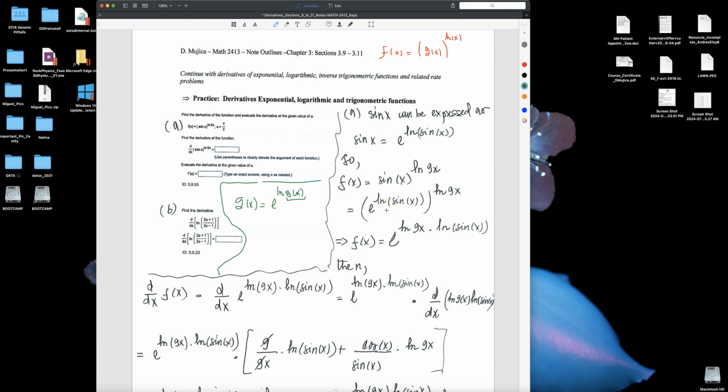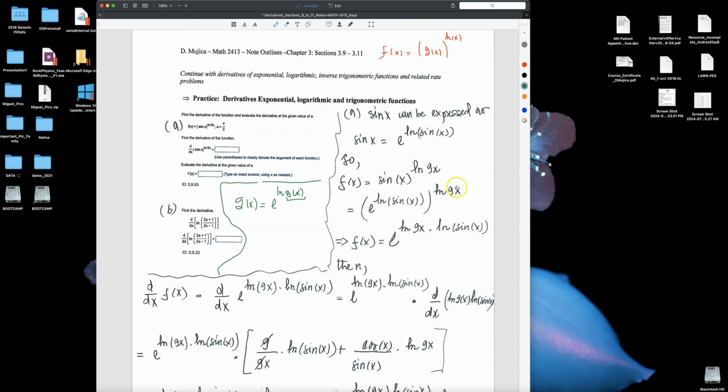The advantage of this is that now we express f as a power function, in which the base, instead of being a function, now is a number. And that's what we want to have.